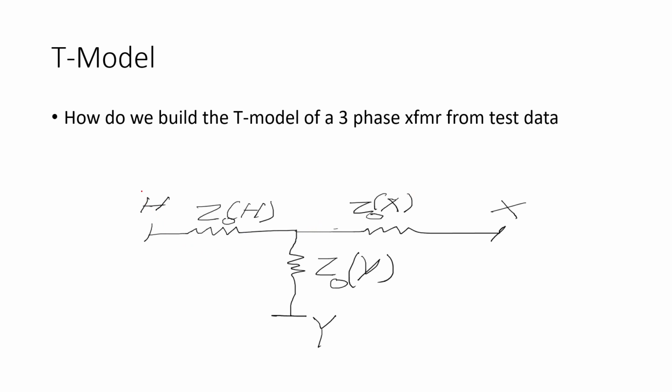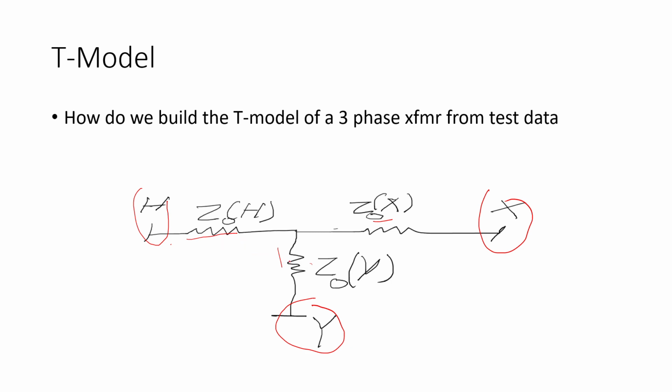But basically, you have the H terminal, the high side, and you have the low voltage side, X terminal, and here's the stabilizing winding, or terminals, or Y. So from here, you would provide the zero sequence impedance of the high voltage winding, zero sequence impedance of the low voltage winding, and this is the stabilizing winding, the zero sequence of the stabilizing winding.